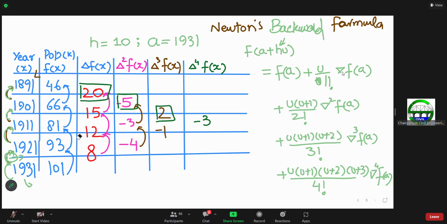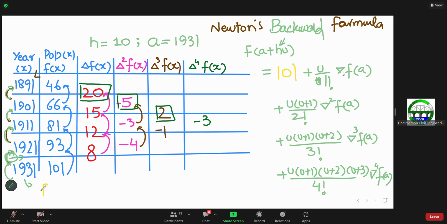Now let's write the value f of a. Can anyone tell me what is the f of a? The value of f of a will be 101. Okay, and next the value of u, let me write somewhere here.